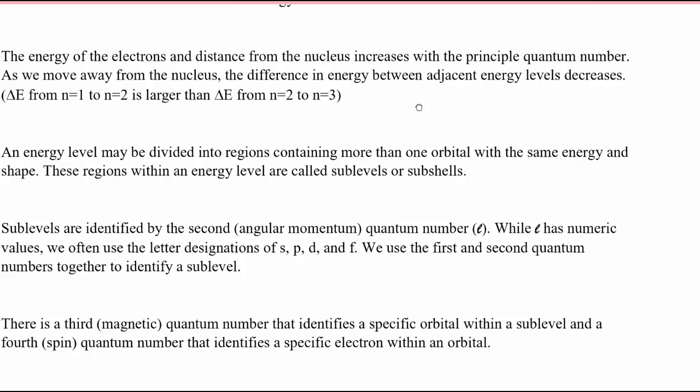Okay. An energy level can be divided into regions containing more than one orbital with the same energy and shape. So these regions within an energy level are called sublevels or subshells. Okay, so each energy level has within it separate sublevels. All right, so it's divided into regions where we have orbitals that have the same energy and the same shape.